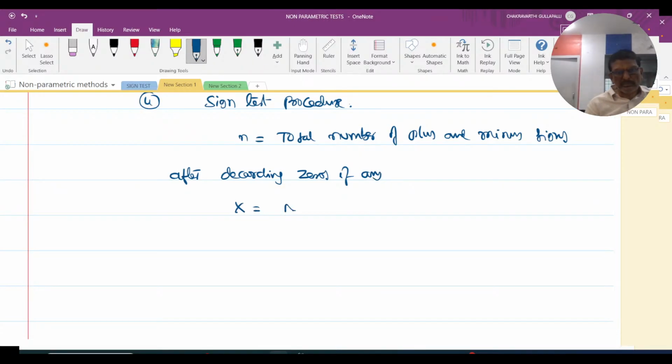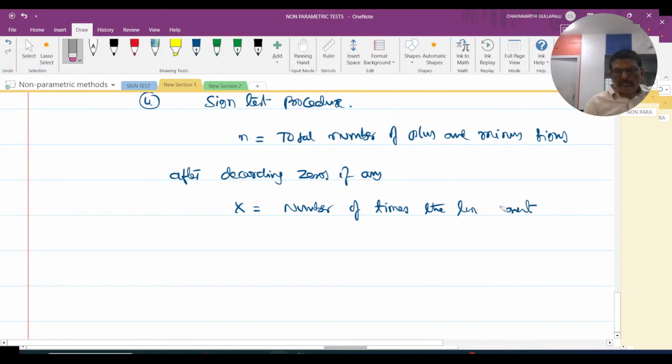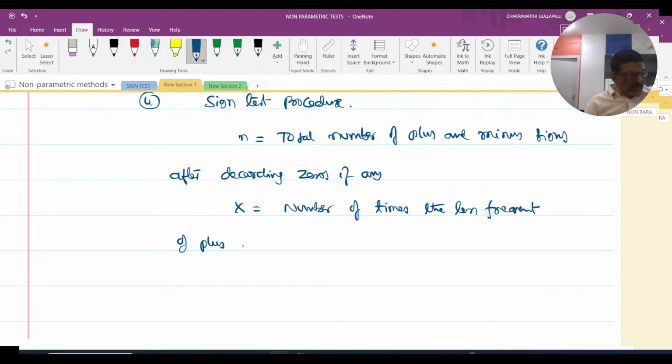x is equal to the number of times the less frequent of the plus and minus signs occurs.